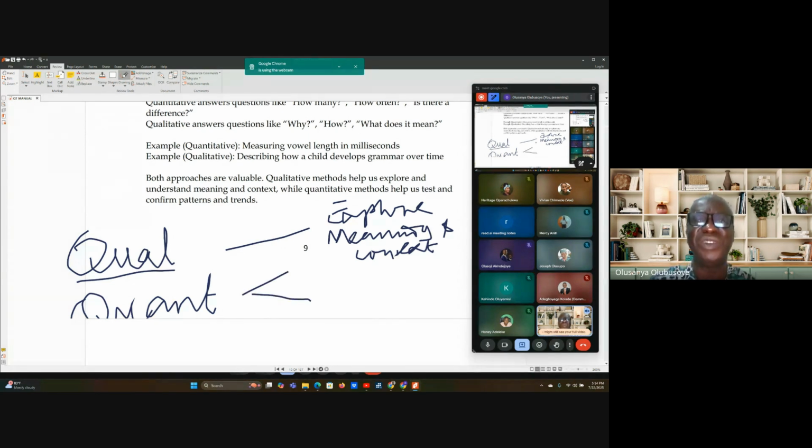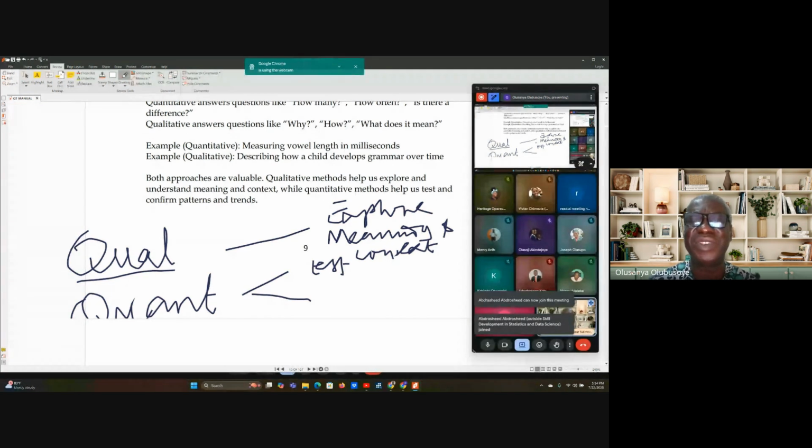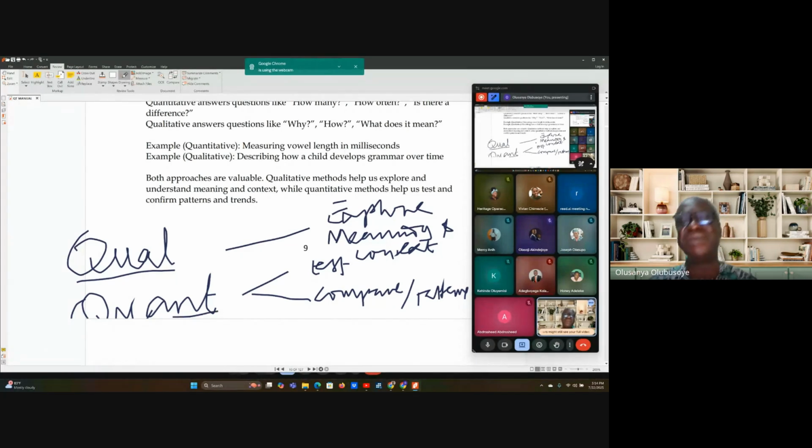When you want to test, to see patterns, to compare, then use the quantitative. But in most studies, you can use both, in which case you have a context that you are trying to understand, and then at the same time you want to test. So both approaches could be employed.